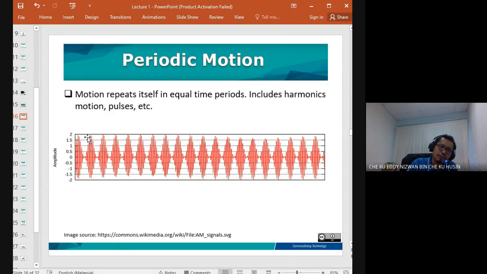Amplitude modulation commonly happens, or sometimes it can represent the defect itself. This kind of signal is mostly common in machinery, but sometimes it can be used as an indicator to detect the defect.